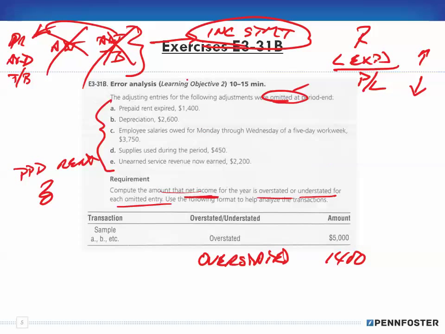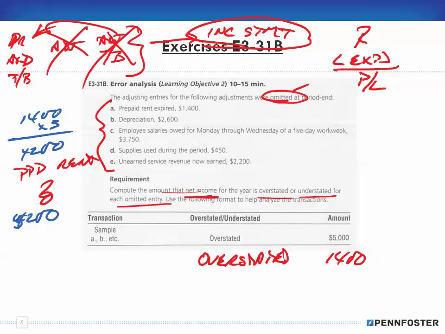Okay, now in order to be able to see that more clearly, stick some numbers in. Let's say the prepaid rent previously was 1,400 times 3, which is 4,200. I just arbitrarily said, okay, 1,400 times 3 months of prepaid rent, which gave me $4,200.